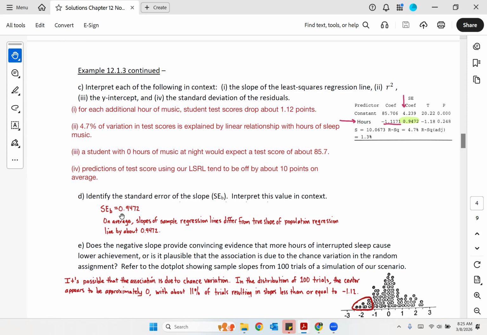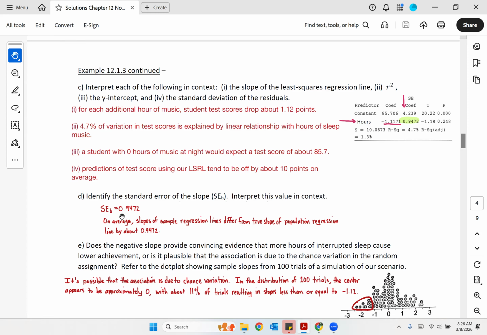Well, it's telling us how our slopes tend to differ for different samples. We built our model, we built our LSRL off of a particular sample of students. Maybe someone else out there does this experiment with a different collection of students. Do we expect them to have the exact same LSRL as us? No. We understand there's variation. So in a way, our LSRL in itself is a sample LSRL.